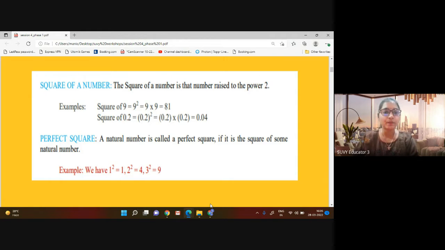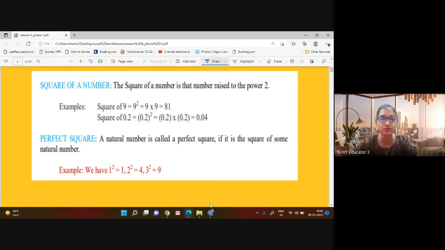Great. So, my dear students, when we are talking about square and square root, you already know what the square of a number is. Any number raised to the power 2 is called the square of that number.